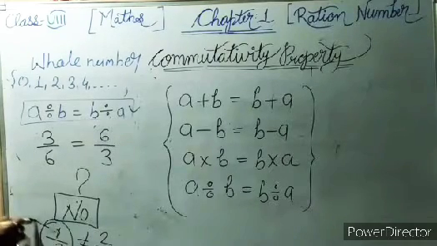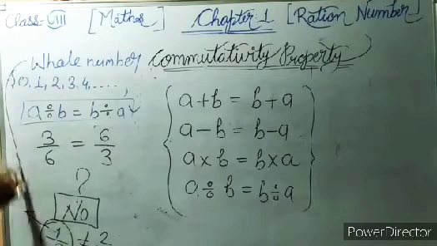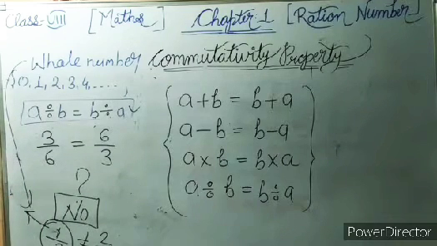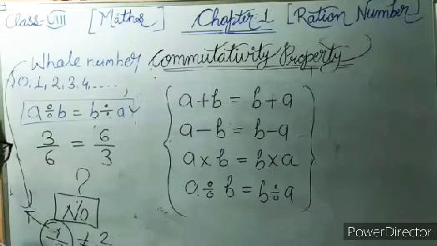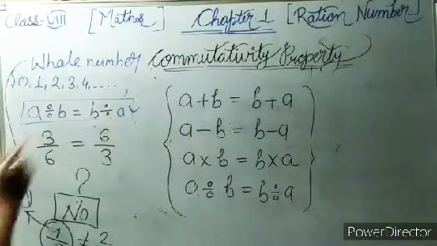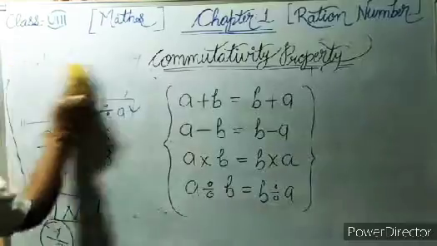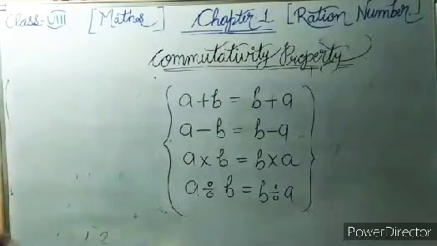And 1 by 2 is not a whole number. That is why we say, please remember this one, division is not commutative. Okay, division is not commutative. So you see, for whole numbers, this.